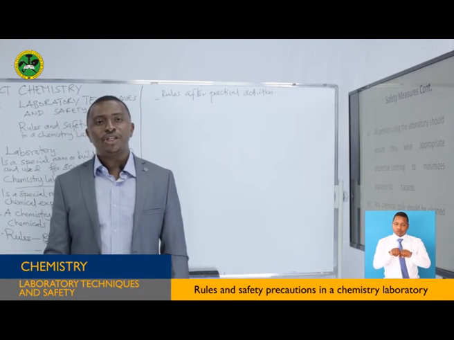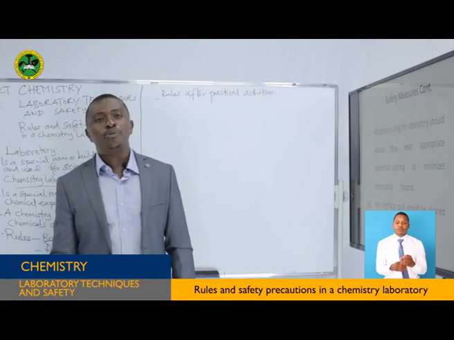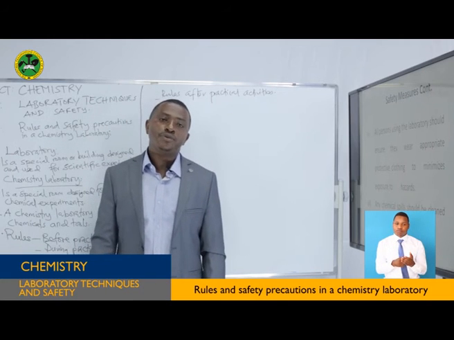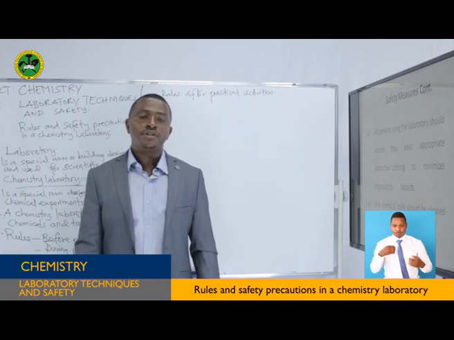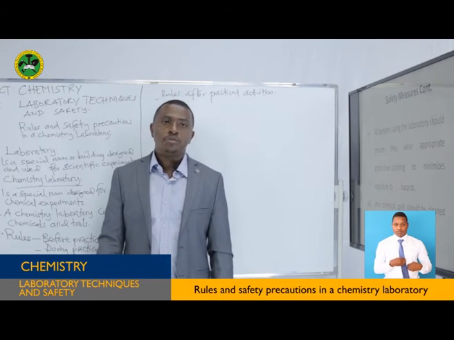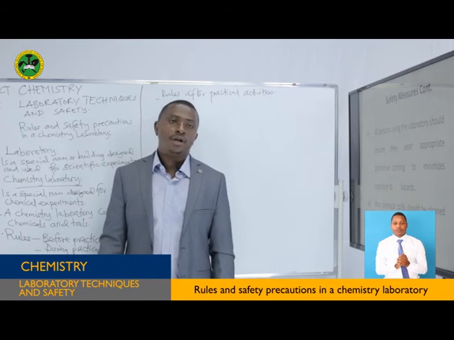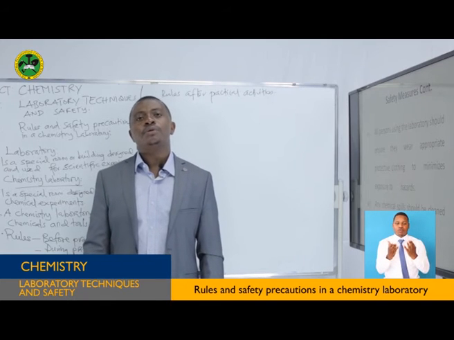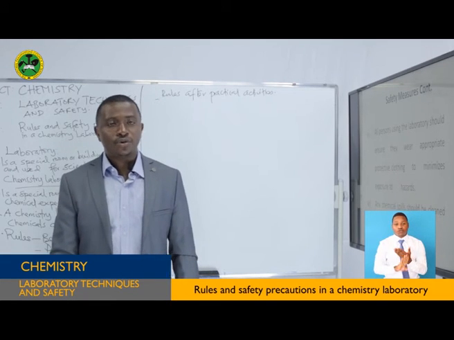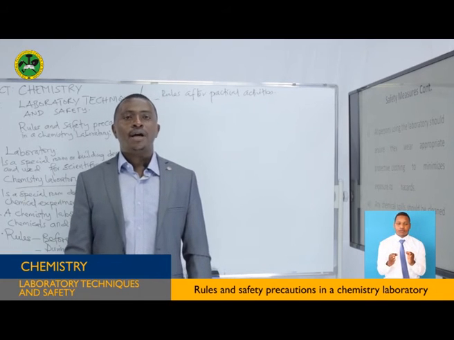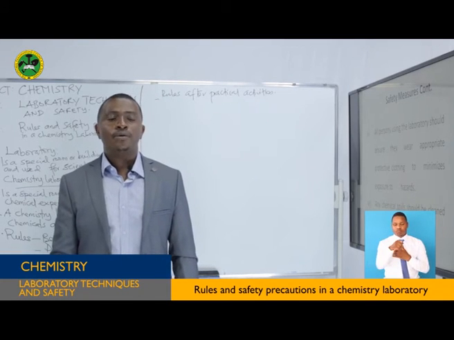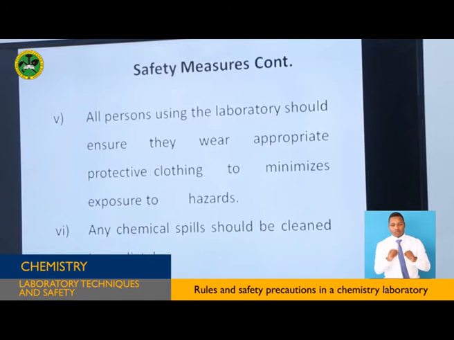These are very important because, taking the example of a lab coat, it can prevent you from having dirty clothes due to spilled liquids, and in case of fire a lab coat can also protect you to some extent. So when you are in the laboratory, you better put on the appropriate clothes for conducting experiments.